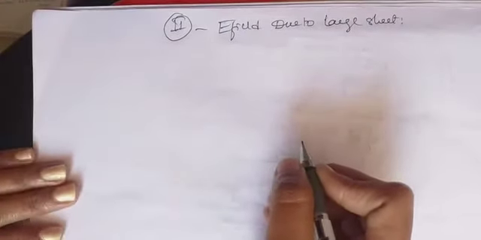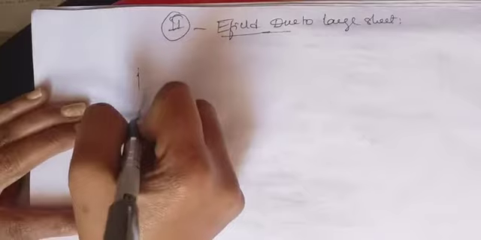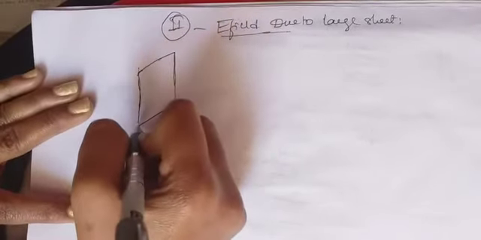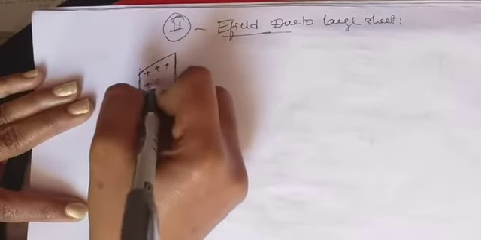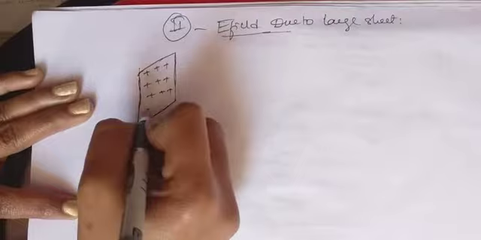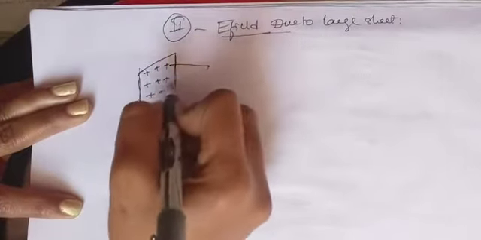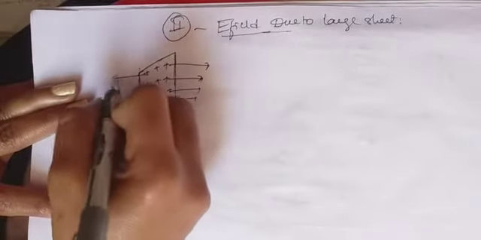Now here we already learned that here is the sheet, which is the infinite sheet. For this infinite sheet the charge is distributed like this. For this sheet we get electric field lines which are parallel and uniform.